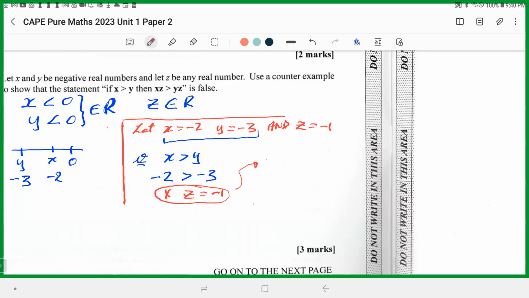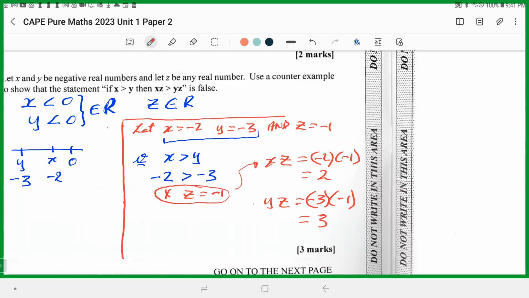What that means is that the xz will become -2 times -1, which becomes +2. And the yz becomes -3 times -1, which is +3.